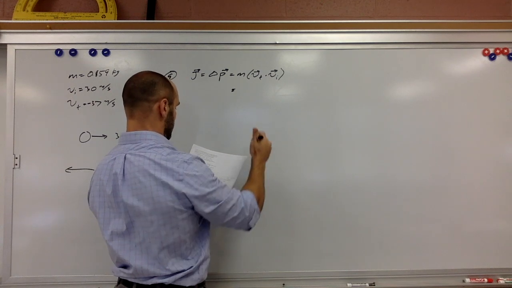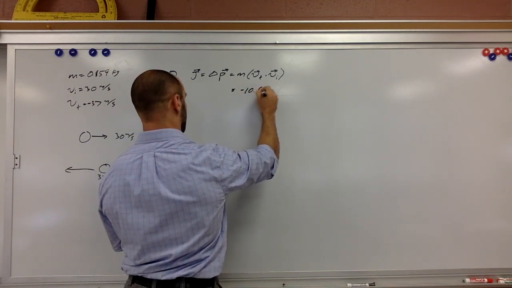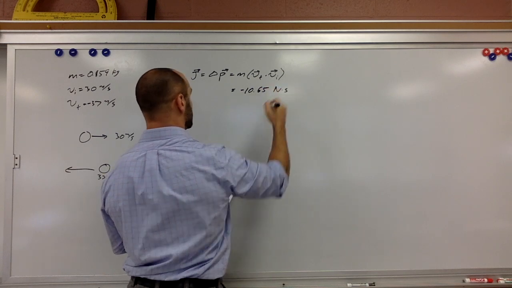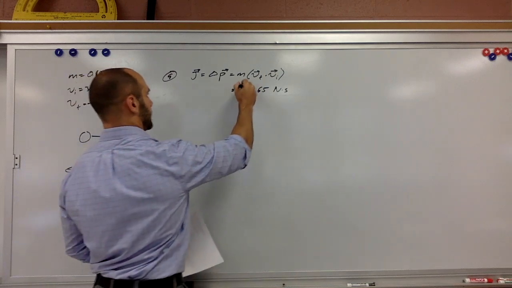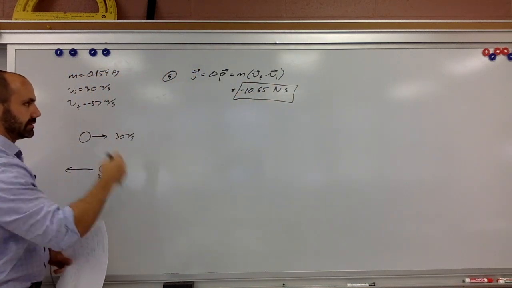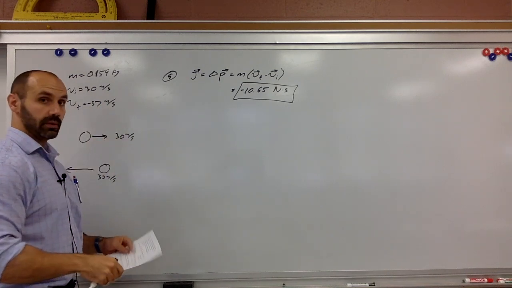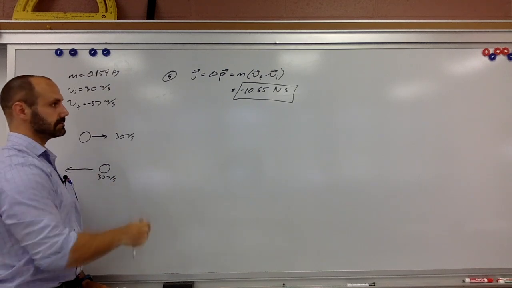When you do all the calculations, you end up with negative 10.65 Newton seconds. That means the net force on it was in that direction. Think through what that means. We would expect that because the change in the velocity was in that direction.